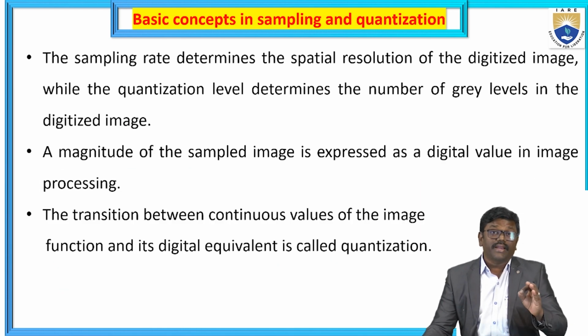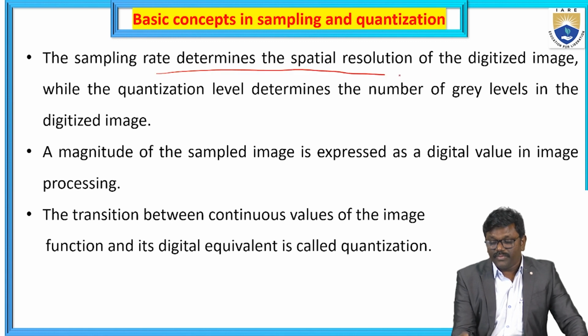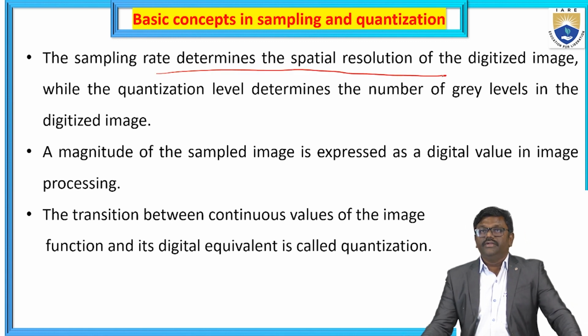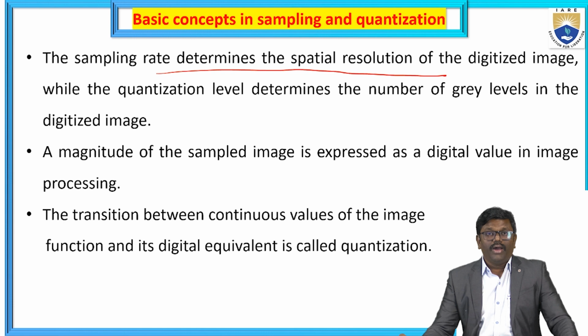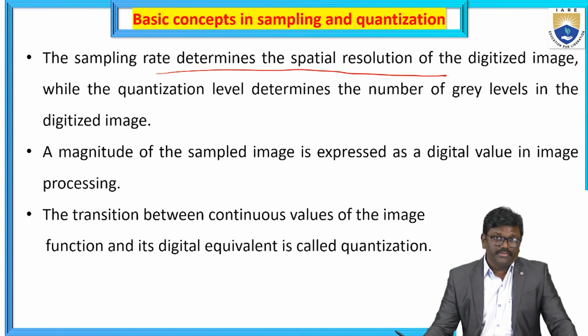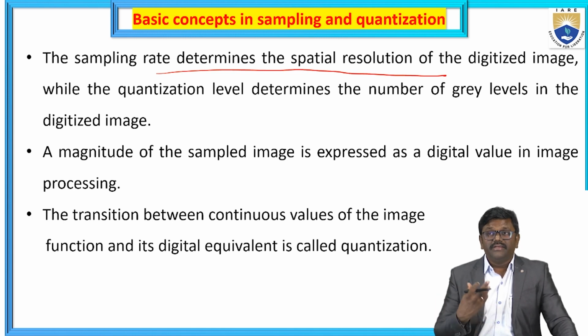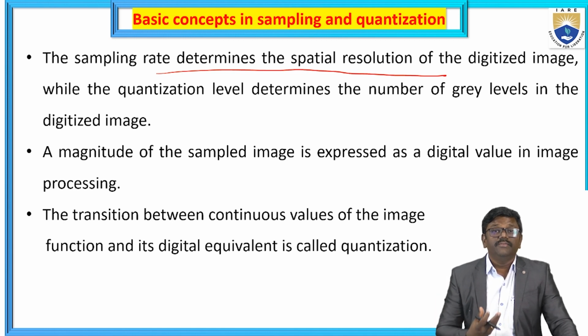Sampling rate determines the spatial resolution of the digitized image, while the quantization levels determine the number of gray levels in the digitized image. That means the magnitude of the sampled image is expressed as a digital value in digital image processing.